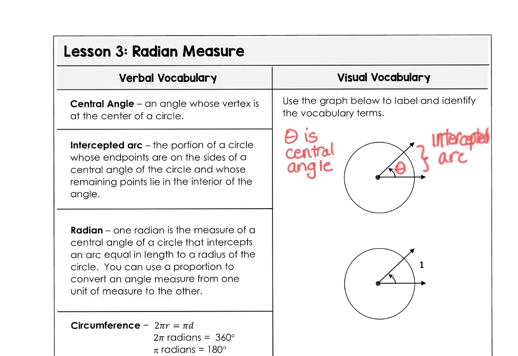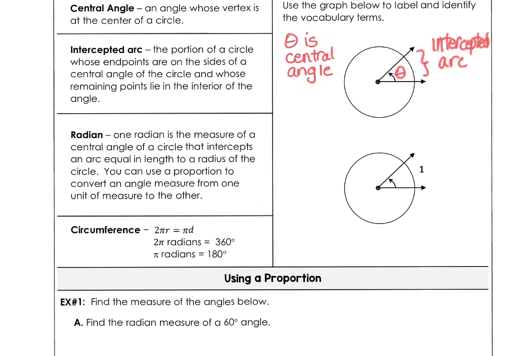So a radian is the measure of a central angle of a circle that intercepts an arc equal in length to the radius of the circle. So we can represent that this way on our picture. So when this radius from the center to the edge of the circle, and this radius, and this arc here, when they're all the same measurement, so if this radius was 1, and the arc was 1, and that radius was 1, that would be our central angle theta.